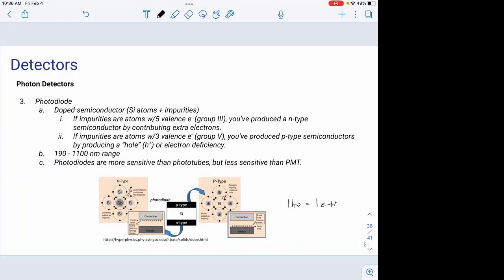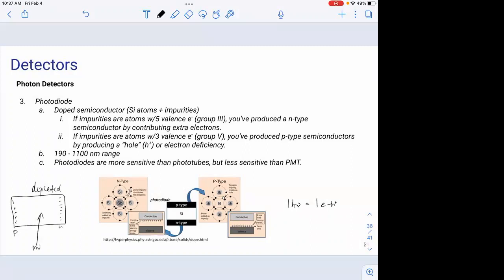So let's draw a picture. Here's my P, here's my N, here's my depleted region, right where my impurities are. I have some sort of photon that is incident upon here.